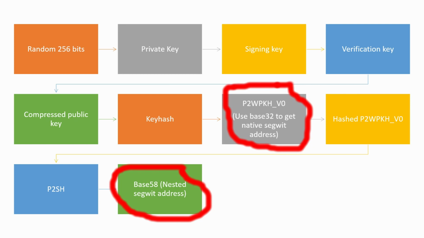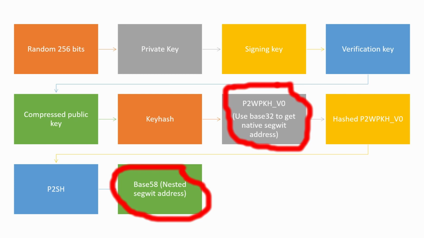One path will be just to encode this key hash using this new Bech32 encoding scheme, which will help us to create the native Segwit address. And the other one is to start nesting this key hash inside of scripts to generate the nested Segwit addresses, the backward compatible Segwit addresses.